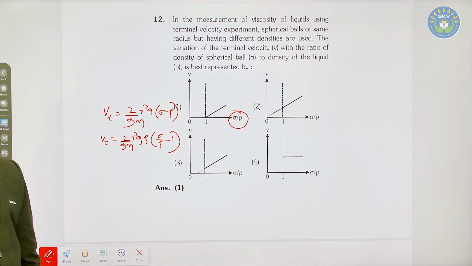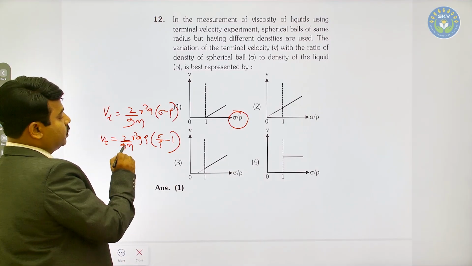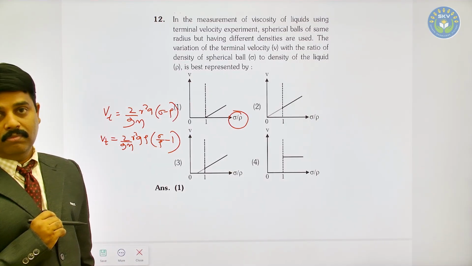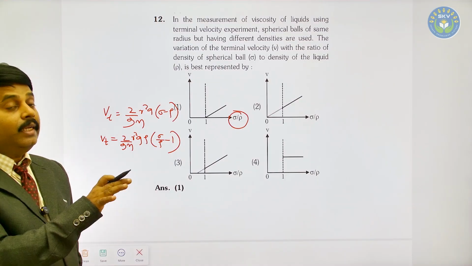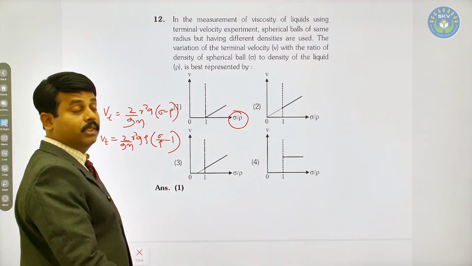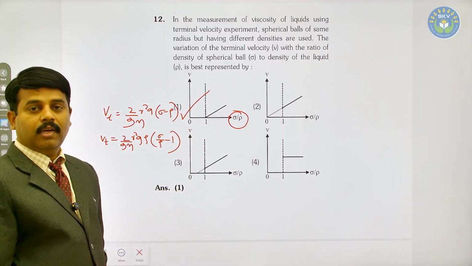So the whole graph must start from 1. Also, this equation is in the format y is equal to mx plus c, so it should be a straight line. So starting from 1 with a slope, a straight line, means option 1 is correct.